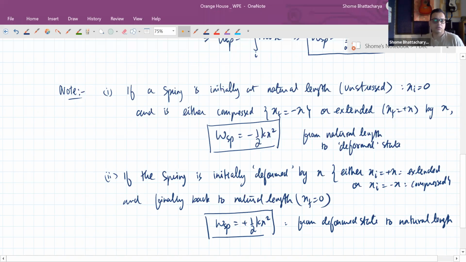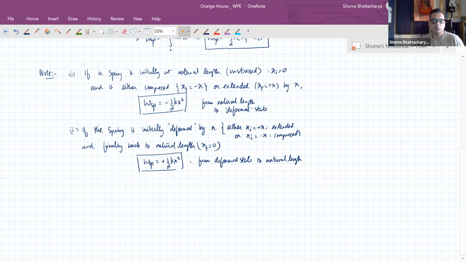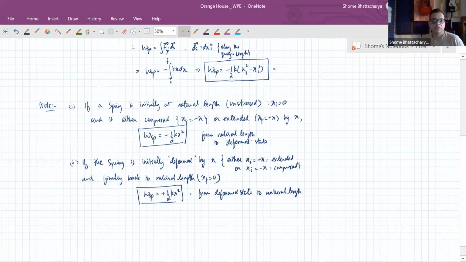So this is an important application of the above more general formula, that the work done by the spring is given by this expression in terms of the initial state and the final state. Okay, in this you can see this is the initial state of the spring and this is the final state. So just remember this formula. These are obvious applications of this.